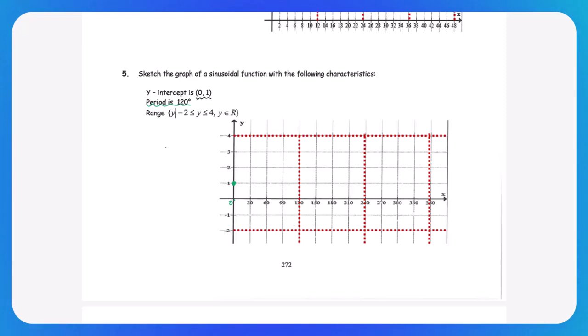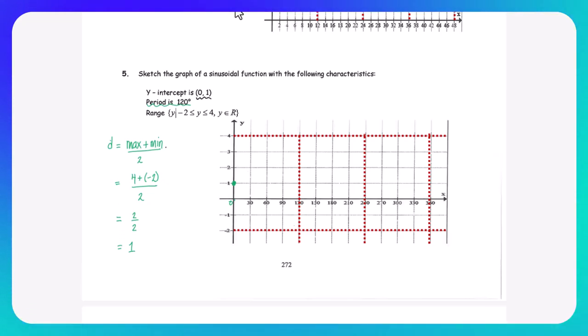The other thing that we can calculate from that max and minimum is our median value. That's going to be the average value, which is the max plus the min divided by 2, which is 4 plus -2, which is our min, so 4 plus -2 is 2. 2 divided by 2, there we go, we got 1.